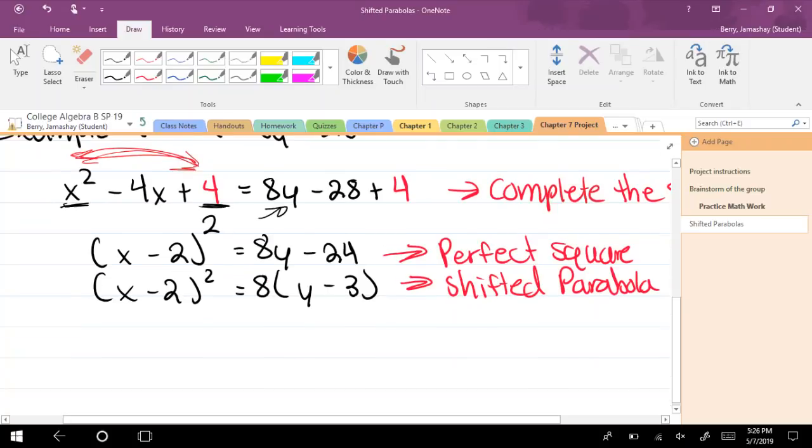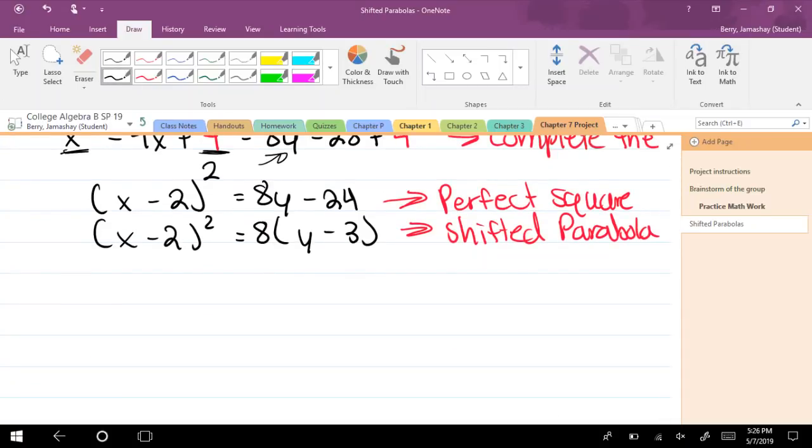The last step of writing the equation, you would have to write the equation of the parabola with the vertex. So by writing that, your vertex would be this number and this number. So your vertex would be 2 and 3.